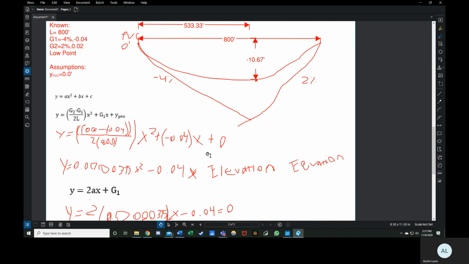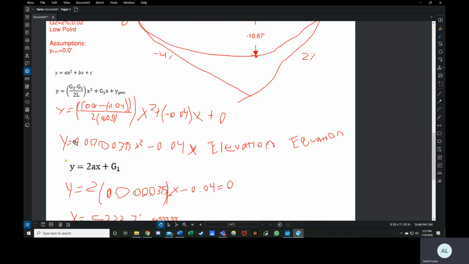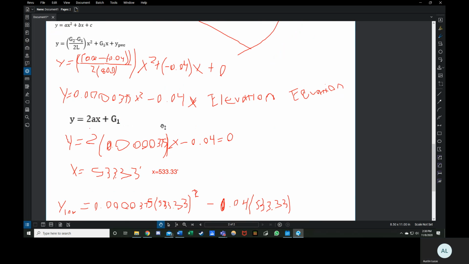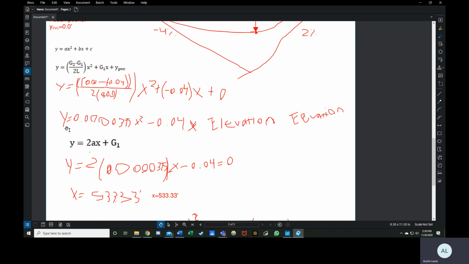Solving that out, we find that our elevation equation equals 0.0000375 x squared minus 0.04x. So that is the first part of this question solved.